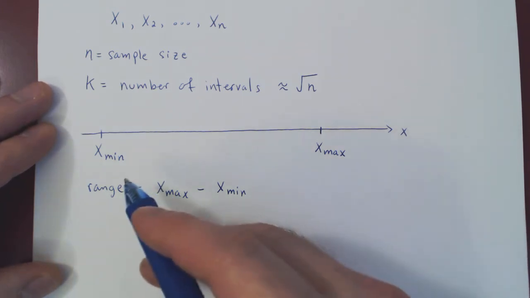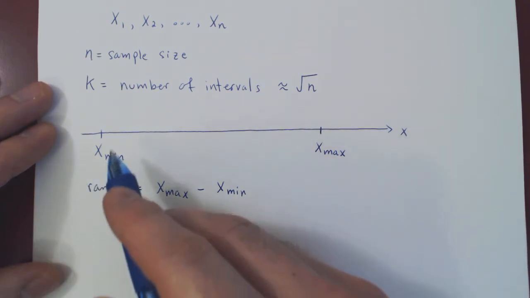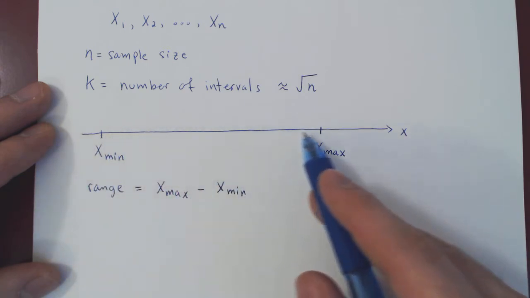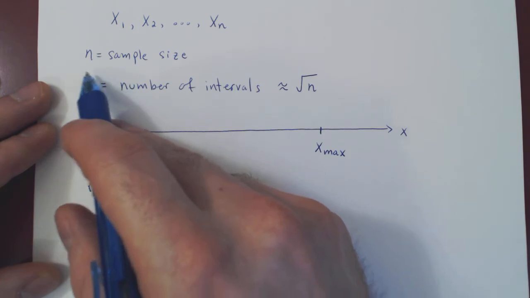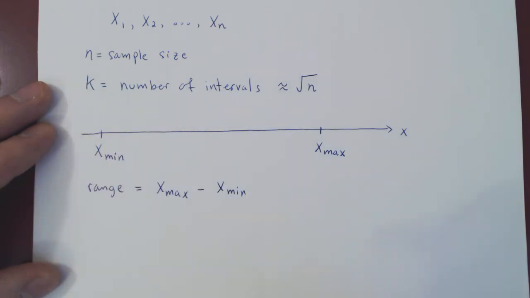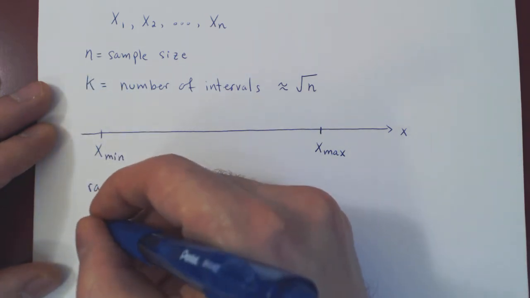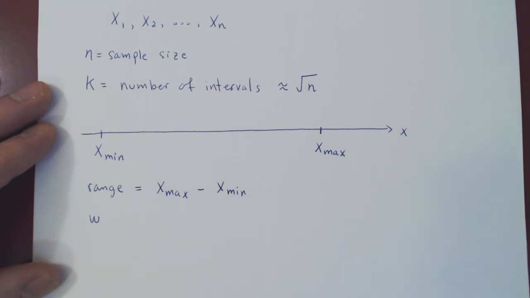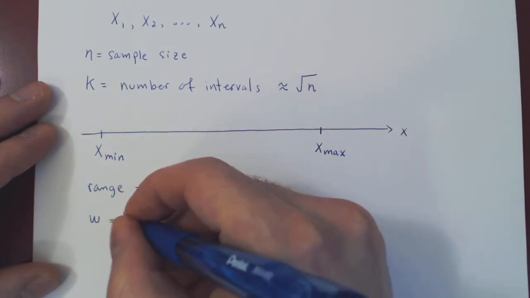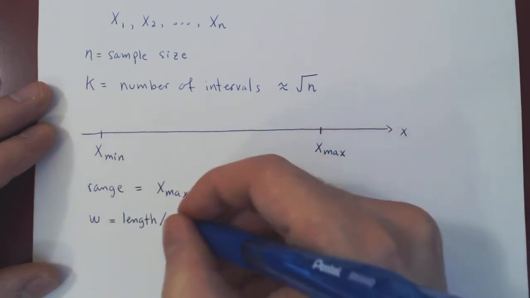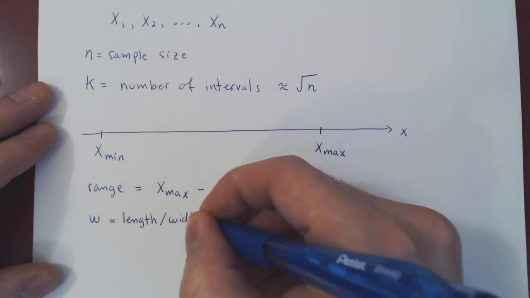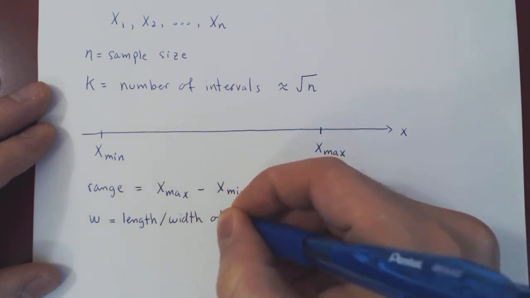And now think of what we're saying. We want to subdivide our big interval from x min to x max into k intervals of equal length, right? So we'll use w for the width, or the length, of a single interval. Length, width, same thing.